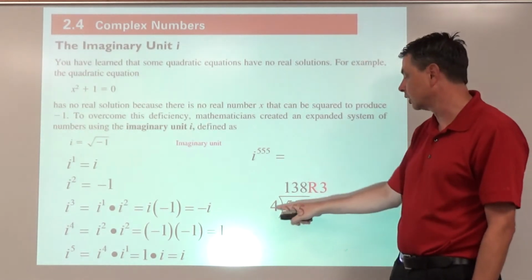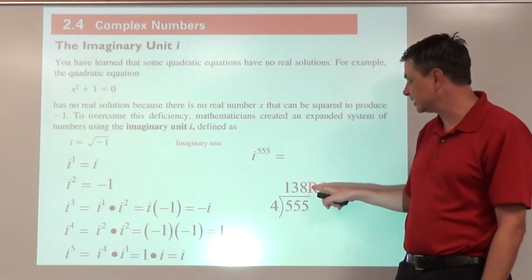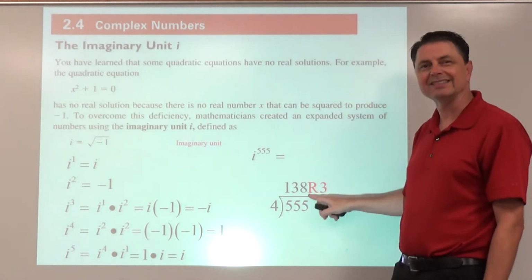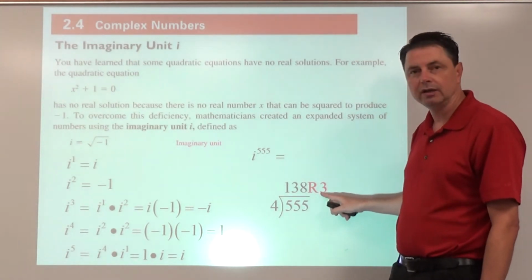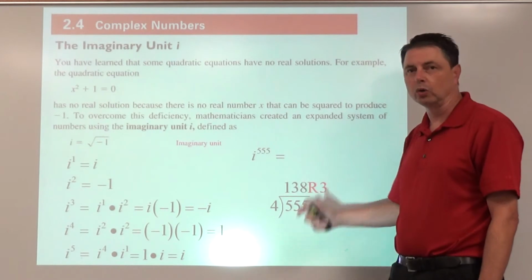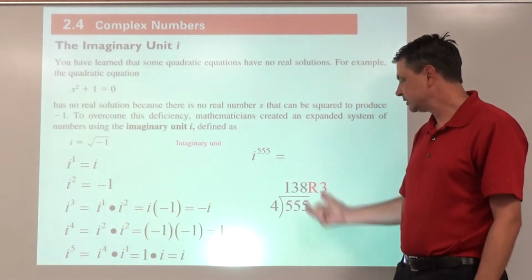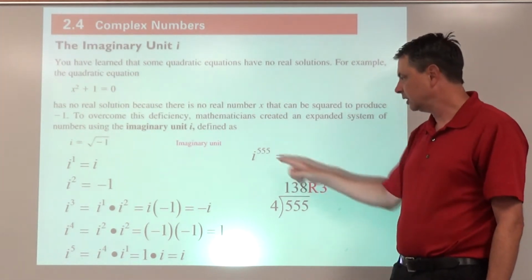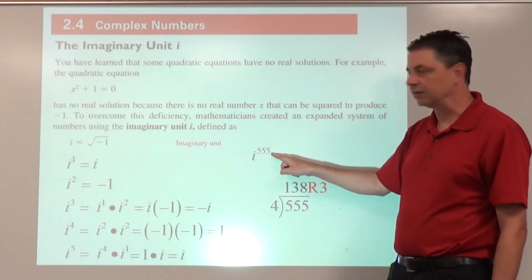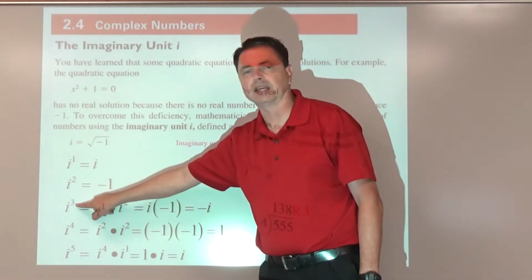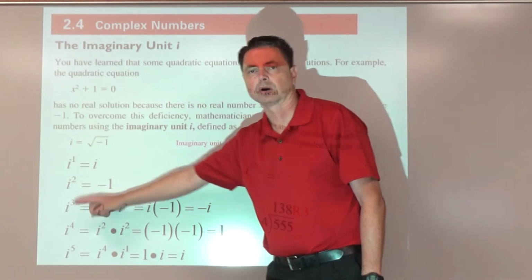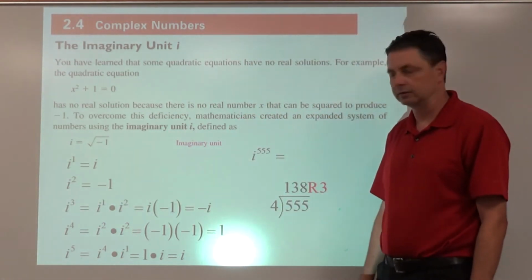Remember when you first learned long division, you might have seen the remainder part. And that's actually what we're looking for here, because the remainder holds the key to the problem. Since the remainder is 3, i to the 555th power is going to be the same thing as i to the third power based off of the remainder.